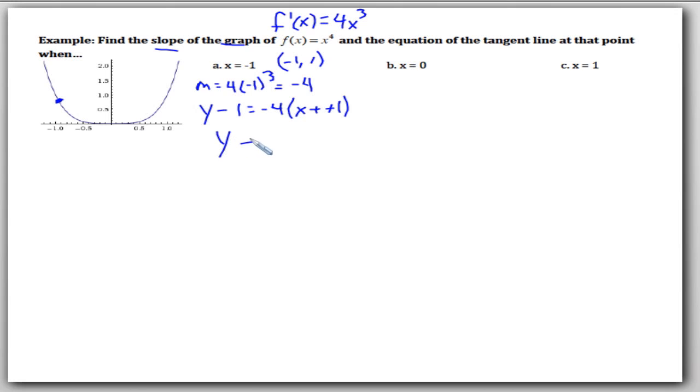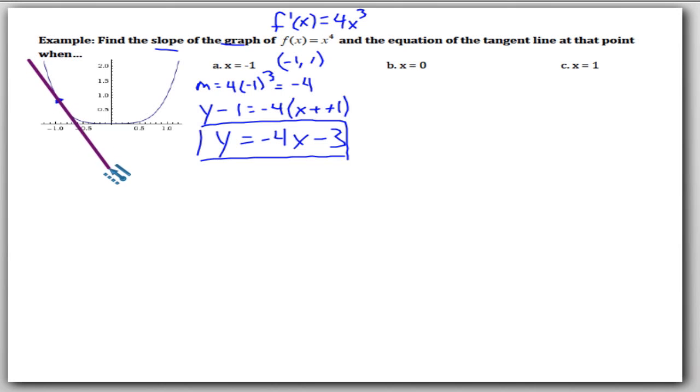And our final equation here would be -4x. And then we add the 1 to the other side. -4 times 1 is -4. So we get -4x minus 3. So from that, we could make our tangent line right here.